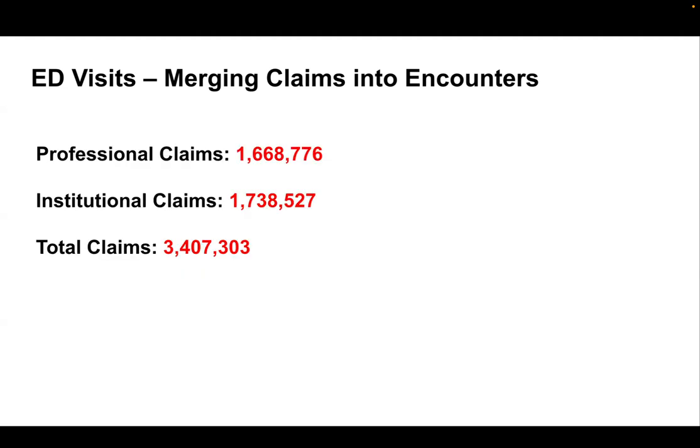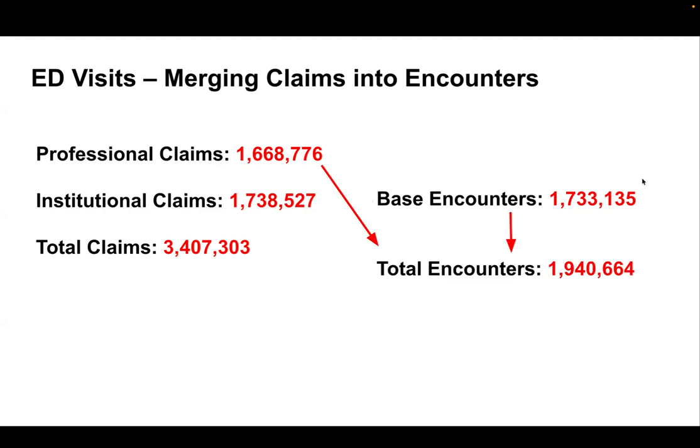If we started at a little more than 1.7 million institutional claims, creating those base encounters doesn't drop that down by much. We're only merging about 5,000 claims based on the criteria I just went through. But the final number of encounters ends up being a little over 1.9 million when we add in the professional claims.